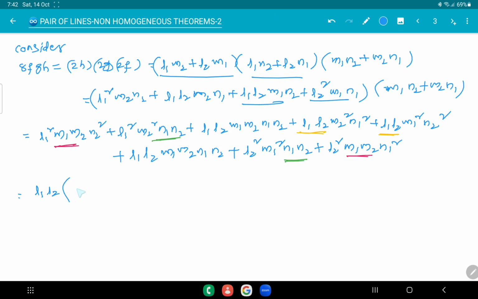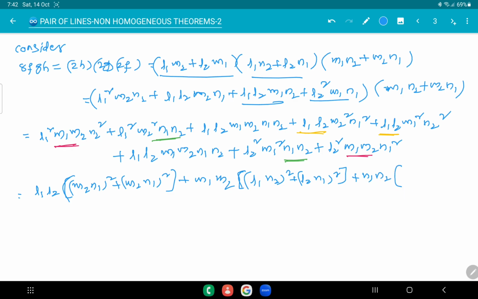So I am writing now L1 L2 common from yellow, that is M1 N2 whole square plus M2 N1 whole square. Next, M1 M2 from red color: L1 N2 whole square plus L2 N1 whole square. Then N1 N2 common from green: L1 M2 whole square plus L2 M1 whole square.